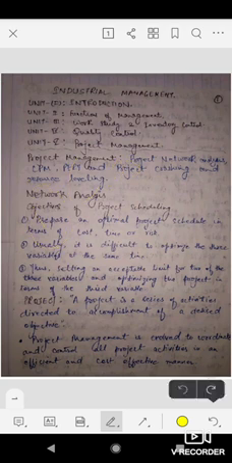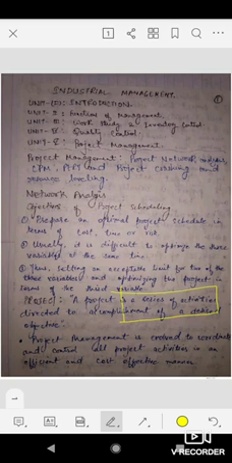Now, how do we define a project? A project is a series of activities directed to the accomplishment of a desired objective. In simple language, it is a series of activities. We perform different activities to succeed in a desired objective.